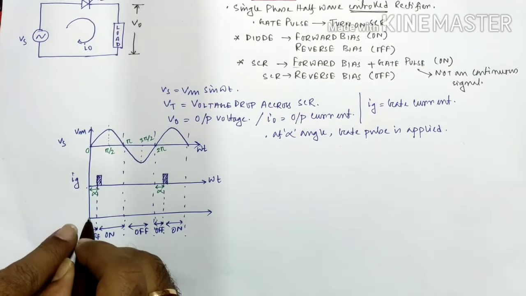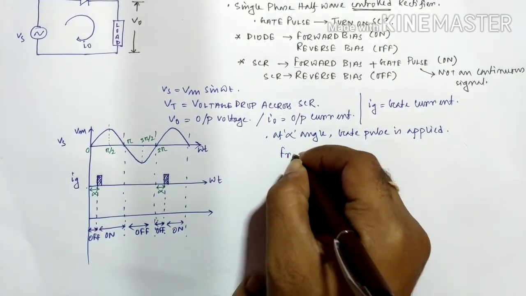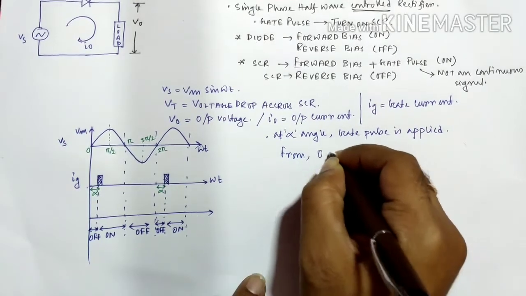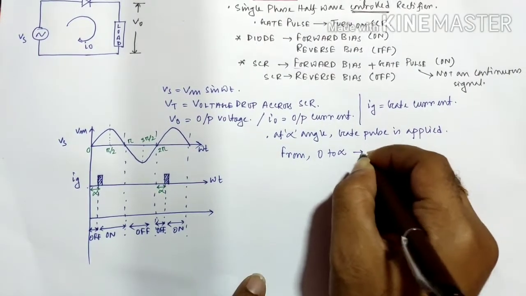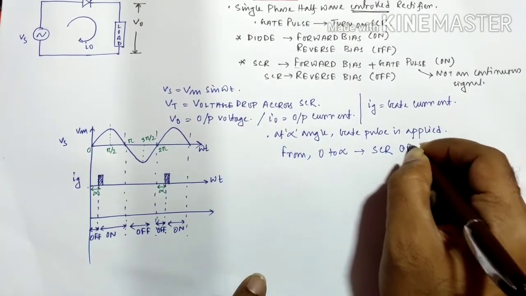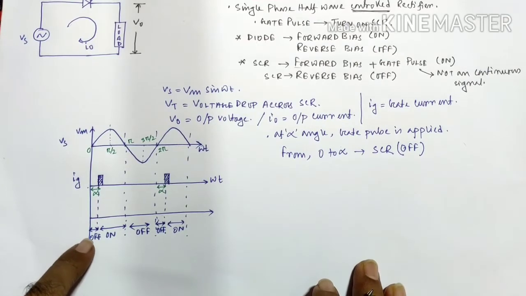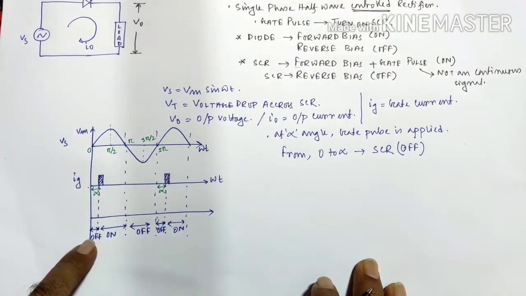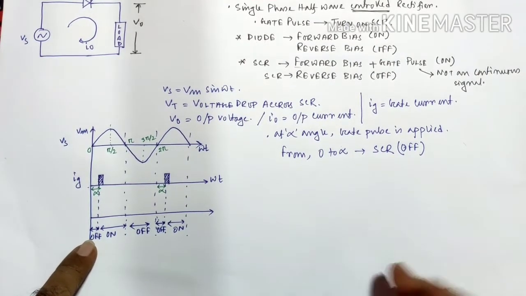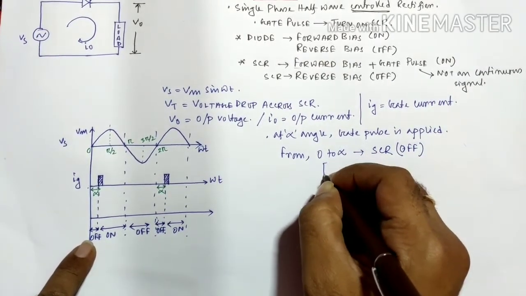During 0 to alpha, SCR is off. Remember, though the SCR is in forward bias, still SCR is off. Why? Because Ig is not applied.